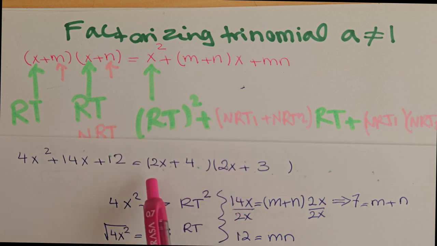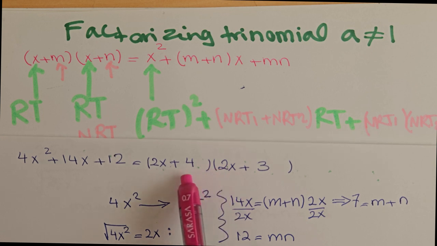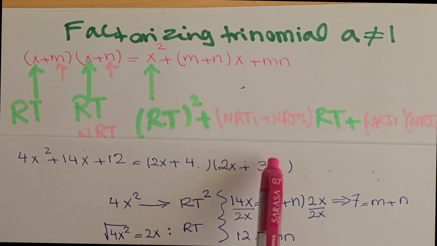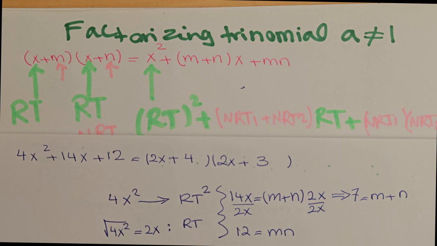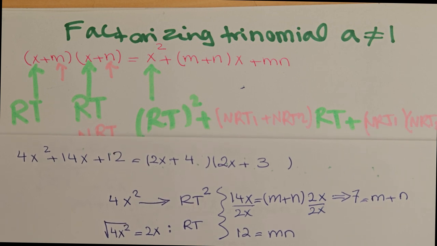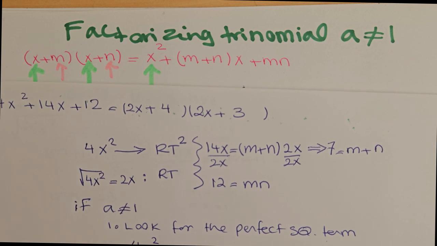If you take a look at these two brackets and compare them together, there is one repeating term in each one of these, and it's 2x, and the second terms are non-repeating. Now if I want to put all the steps in an algorithm, this is how you can do it.